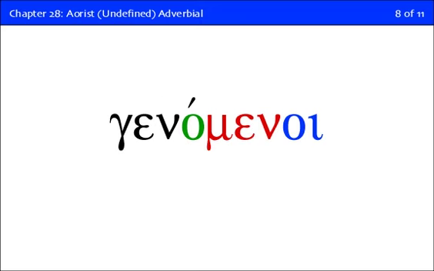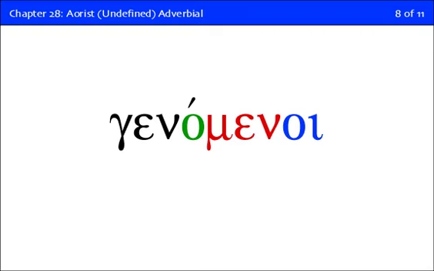Genomenoi, what's that? Aorist middle participle. Aorist middle, read my lips, deponent. There you go. Okay, gamma vowel nu. What word is that? What root is that? Ginomai, not gnosko. Gnosko is gamma nu O class. All right? And gnao is double nu alpha contract.